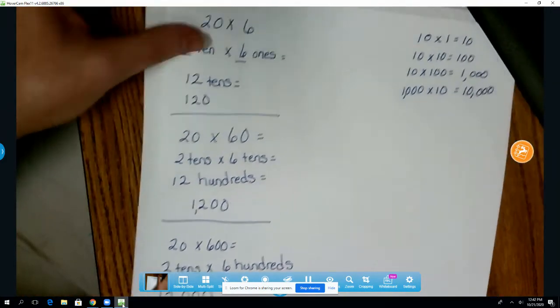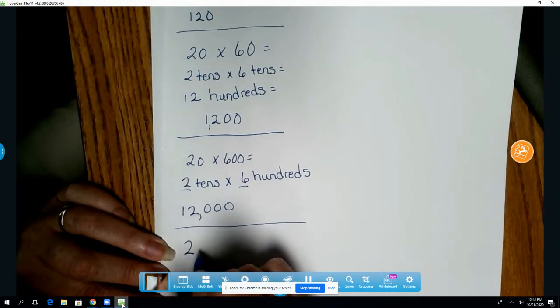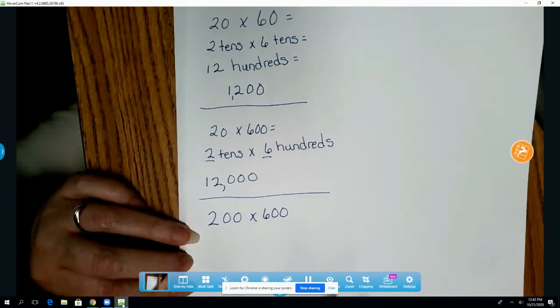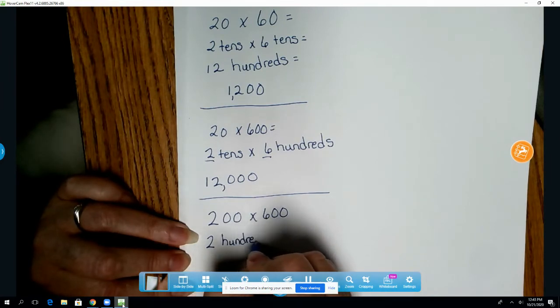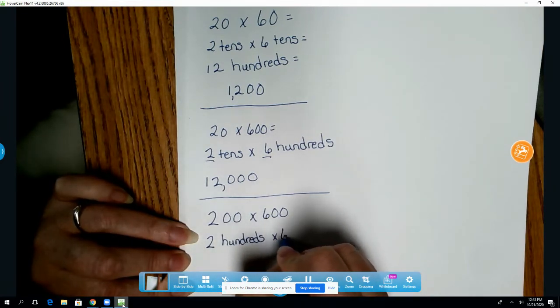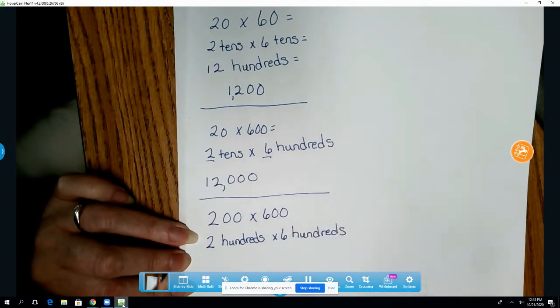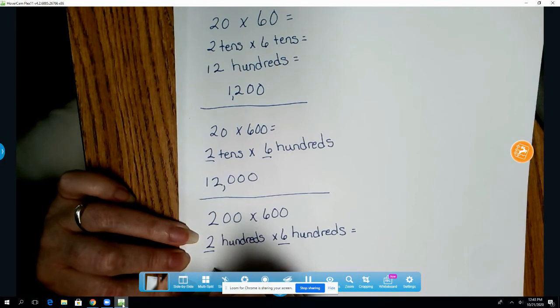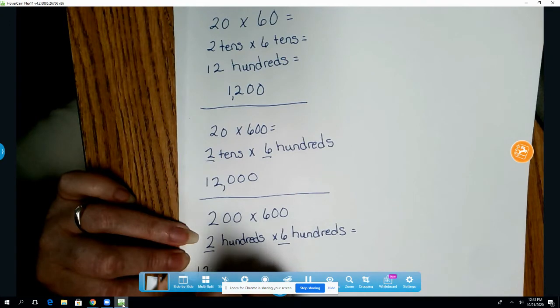So let's do one more with this. Let's try 200 times 600. Ooh, that's a little different. So we're looking at doing 2 hundreds times 6 hundreds. And if we use our math facts, 2 times 6 is 12.